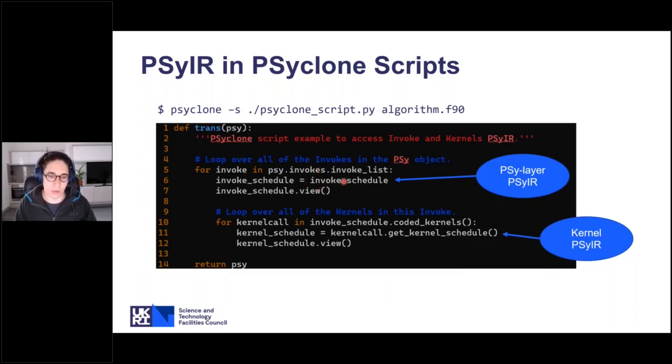You will see more about that in the hands-on. And to get access to the kernel PSyIR, you then have to search for all the coded kernels inside your invoke schedule. And you have this method called get_kernel_schedule that will return the internal kernel PSyIR.